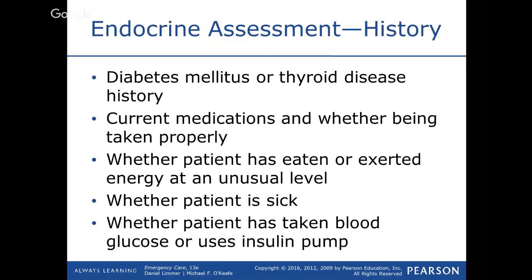So, endocrine assessment history: diabetes mellitus, or thyroid disease history. So, hyperthyroidism. The people that look like they're running Dangerfield, their eyes are bulging out of their head. Current medications and whether being taken correctly. Diabetics are notorious for being non-compliant.